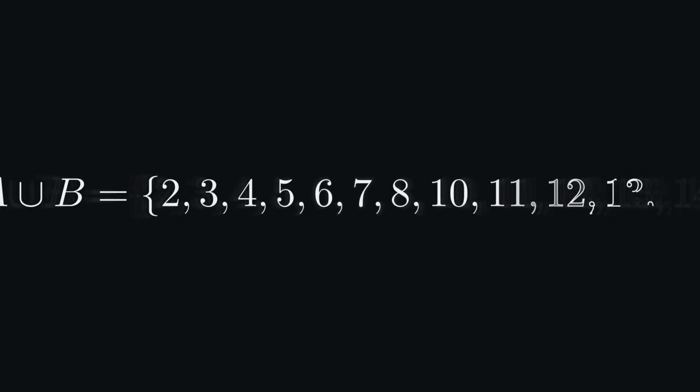Now, let's write down the union of sets A and B. The union A ∪ B includes the elements 2, 3, 4, 5, 6, 7, 8, 10, 11, 12, 13, and 14.